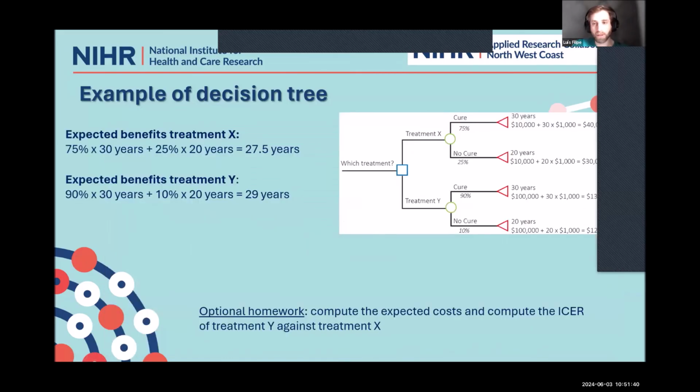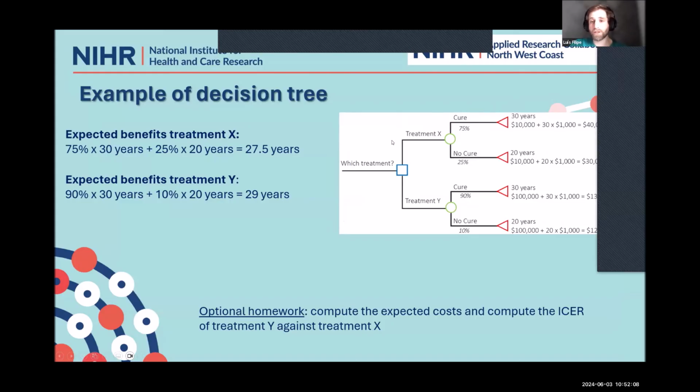Now you can do the following. You can pick these probabilities, and you can literally compute the expected benefits, which in this case are in terms of life years of each treatment. So in this very, very simple case, they are very easy to compute. Usually I would say decision trees are easy to compute, even if they get a little bit bigger.